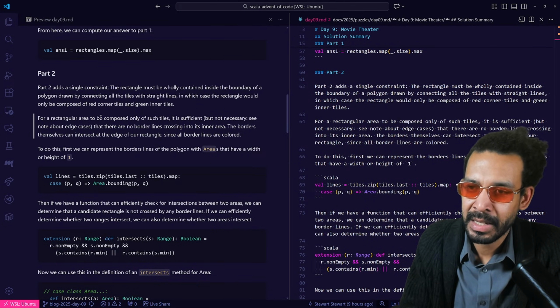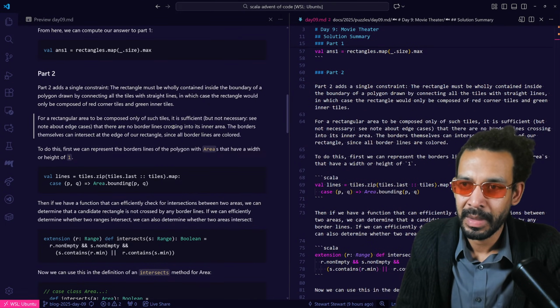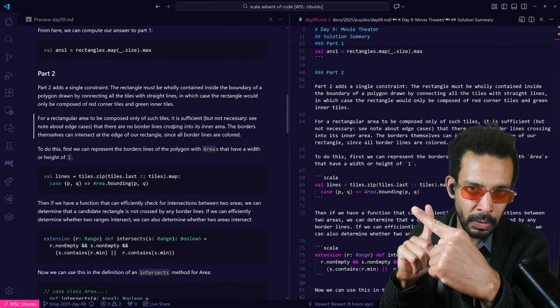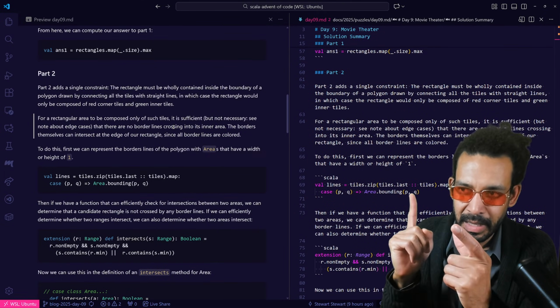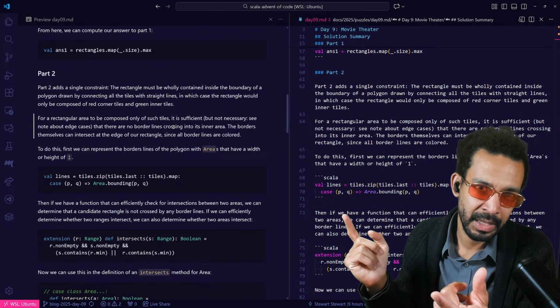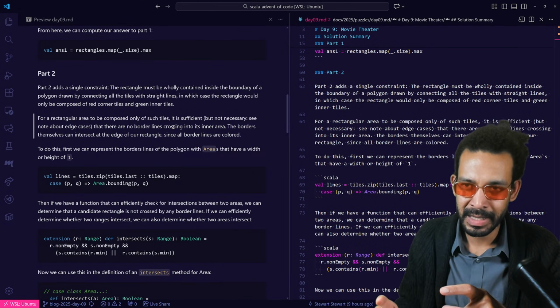My insight here was that if any rectangle has none of those boundaries crossing through it, then it's going to be all one color. And that could be outside of the shape, it could be inside of the shape.